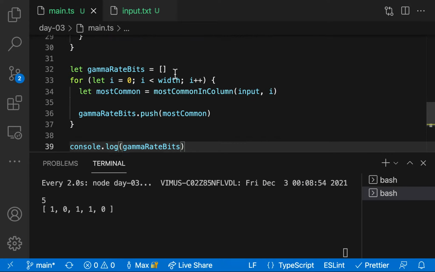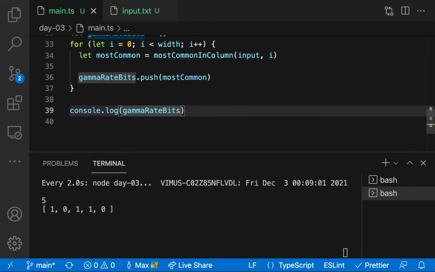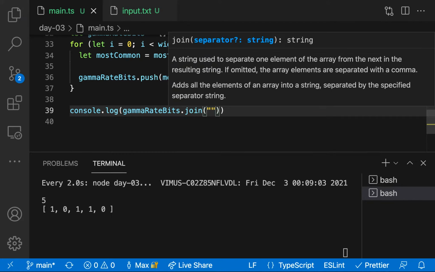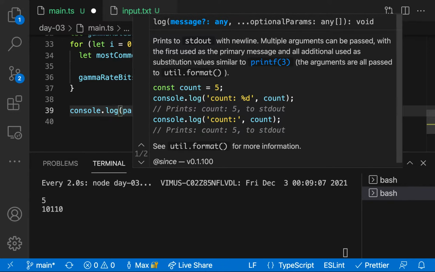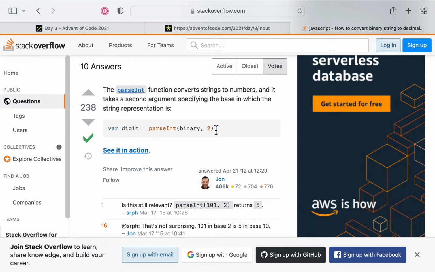Okay, so then we'll do parseInt, and does that turn to 22? Well, no, it won't. We'll have to tell it to use 2. There we go. All right, we've got our 22.